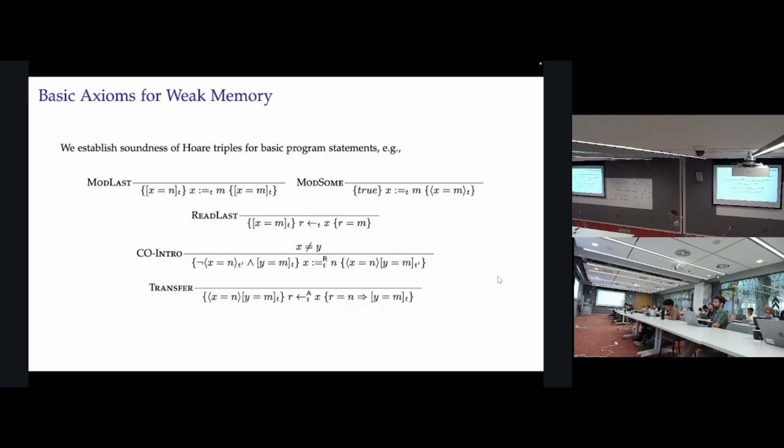This is what you've seen in probably undergrad as well. So we had P skip P as one axiom, and another axiom was P[x := E] x := E gives you back P. You take them as axioms, but of course you've got to prove their soundness, and there are ways to prove their soundness.